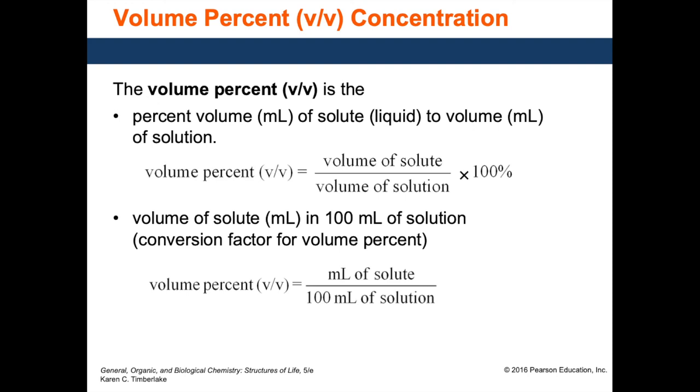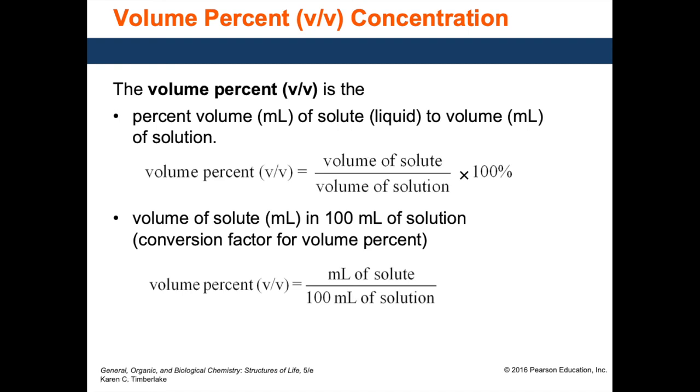But basically, the reason for this is that the units cancel out. As long as you use the same units for your solute and your solution, the percentage winds up being unitless, as it should be.